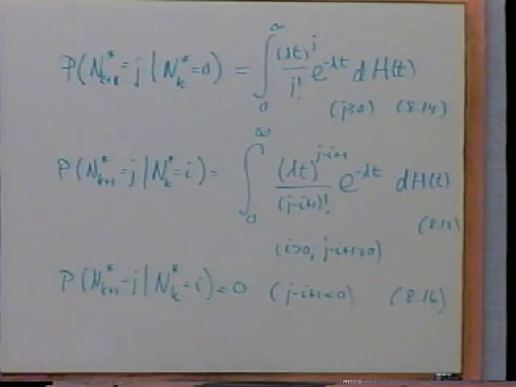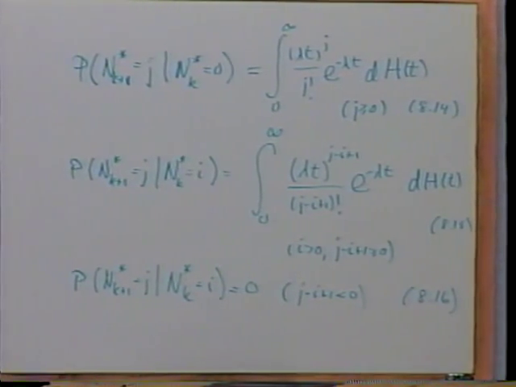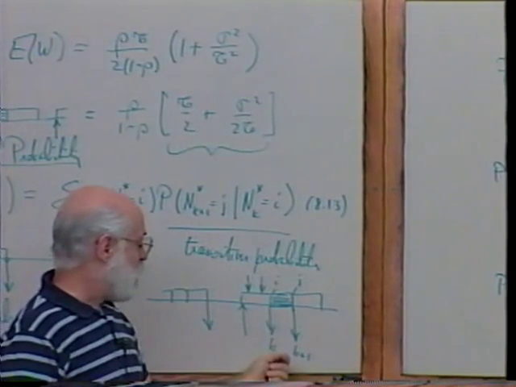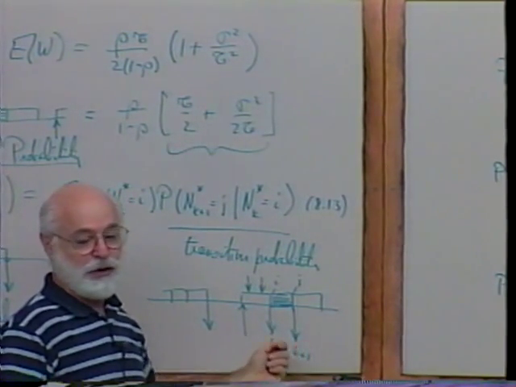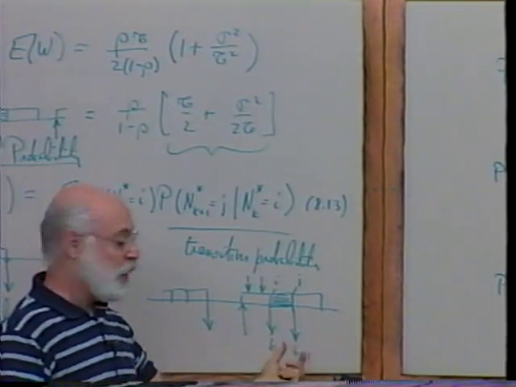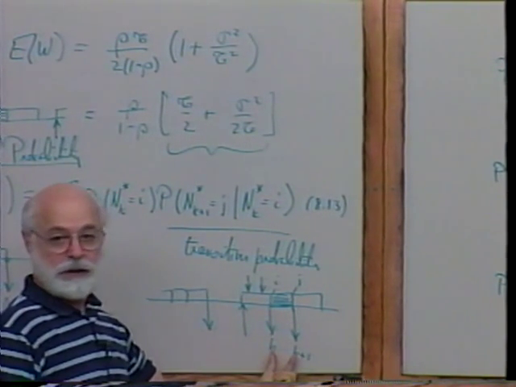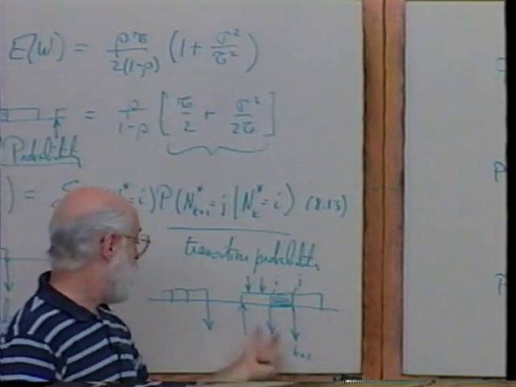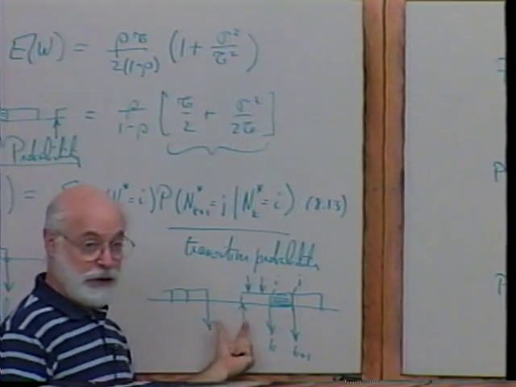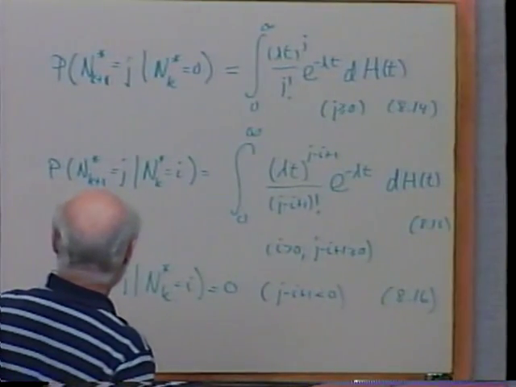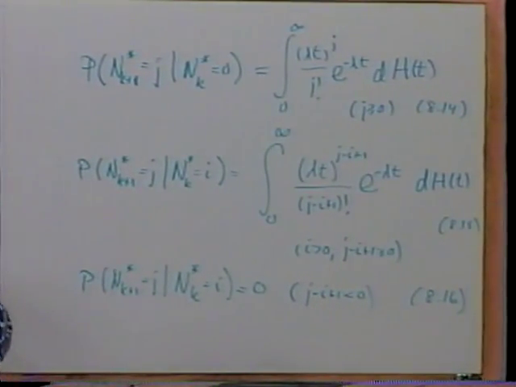It doesn't matter which pair of customers we're talking about, whether it's the number of arrivals between customer 1 and customer 2, or customer 50 and customer 51. All that matters is that the times between them are separated by these service times, or by an inter-arrival time and a service time. Okay, so now I'm going to put that back in here.